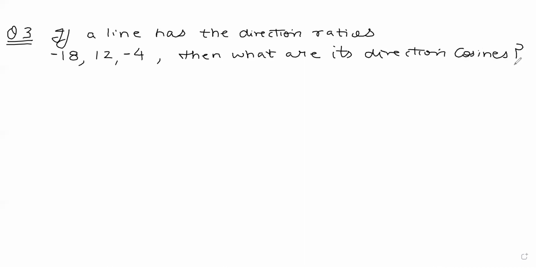So guys, we are given the direction ratios of a line and we need to find the direction cosines. Now, how will I find this?